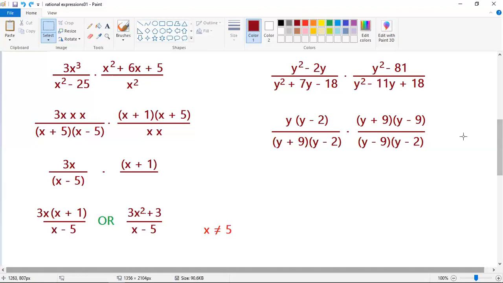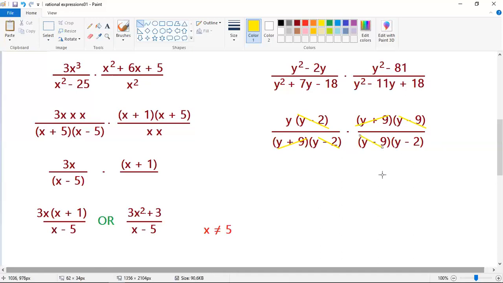Now that we have factors, we check for common factors or values. This y plus 9 is common with this y plus 9, so that would be cancelled out. This y minus 2 is common with this y minus 2, so they're cancelled out. This y minus 9 is common with the y minus 9 in the denominator.